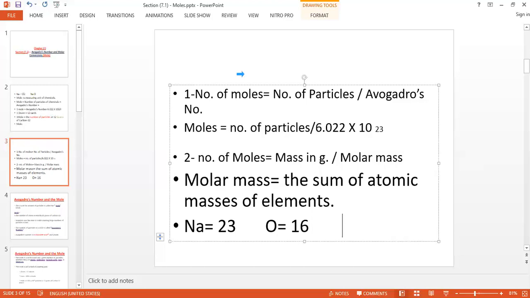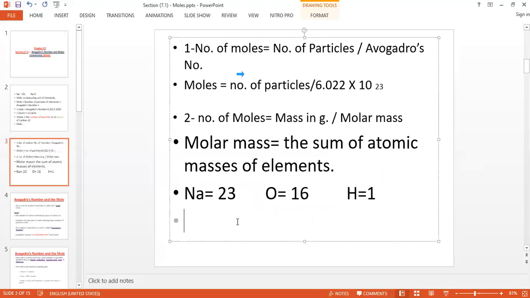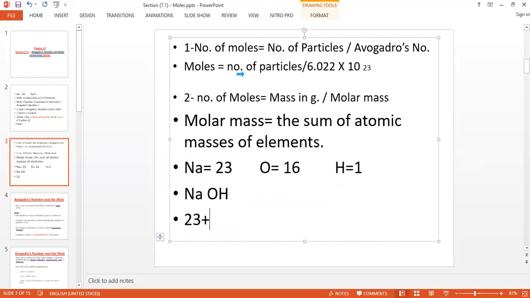And also hydrogen, atomic mass equals 1. How can I calculate the mass of a compound like NaOH, or sodium hydroxide? It is very simple. The mass of sodium hydroxide equals the sum of their atomic masses. So I will sum 23 plus 16 plus 1.